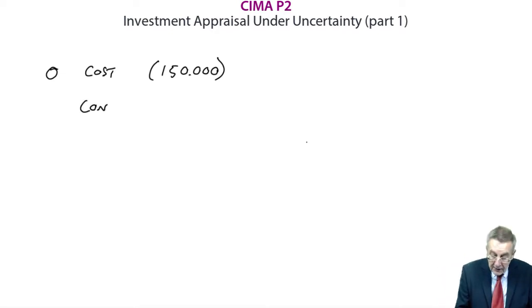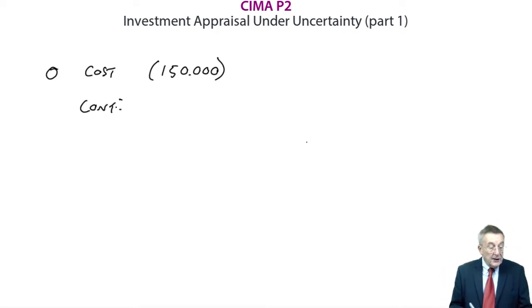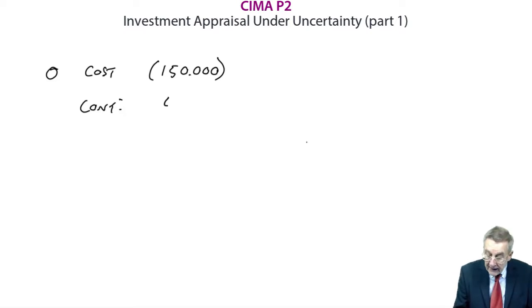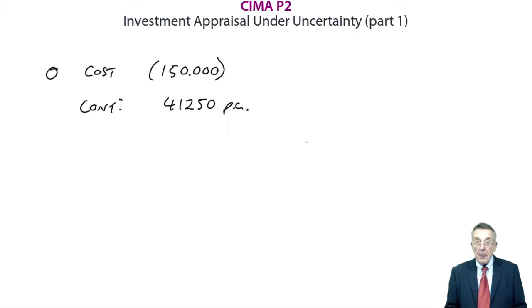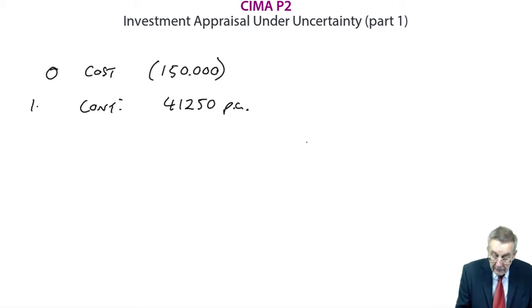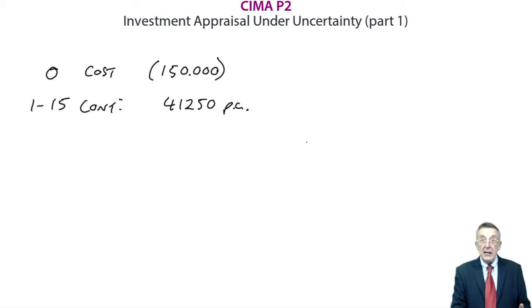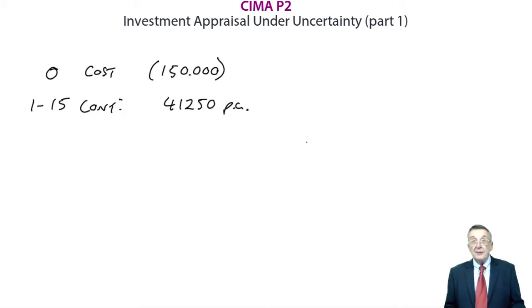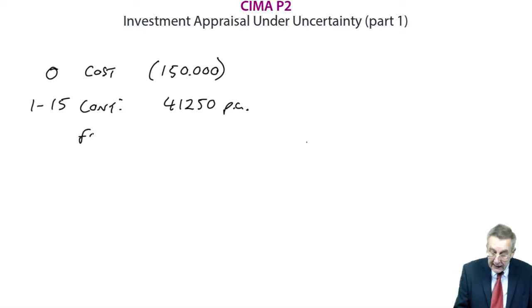And so the contribution each year, 15,000 times 2.75, is 41,250 per annum for each of 15 years, an annuity. There'll be extra fixed costs, well, extra incremental, they are relevant. But again, it's an annuity.